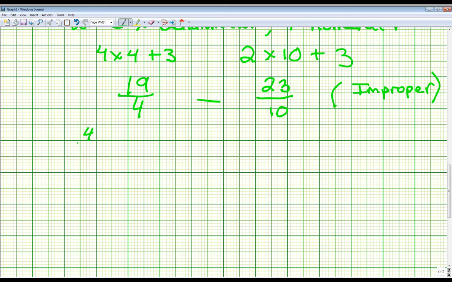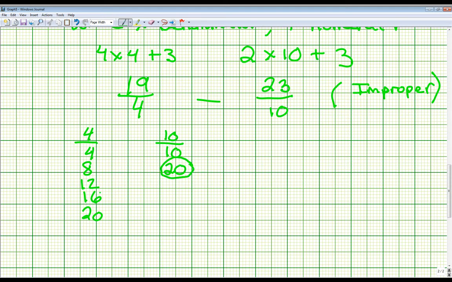So if I list some 4s and some 10s, we have 4, 8, 12, 16, and 20. We have 10, 20, and I can stop there.